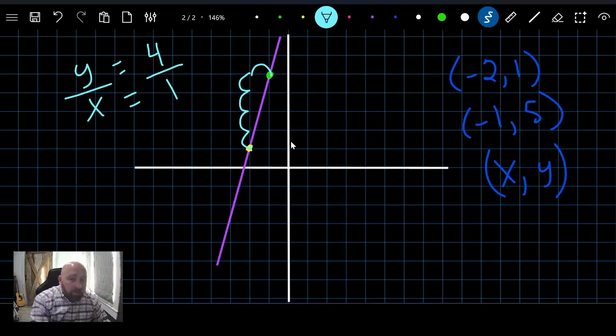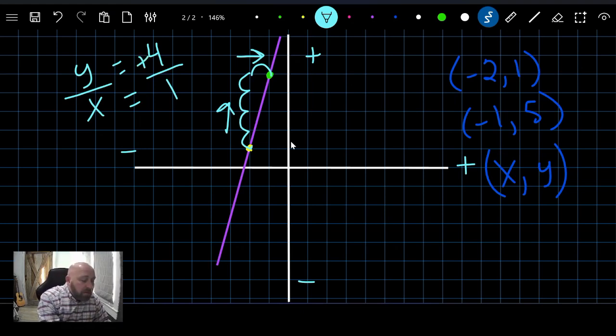Now, notice that we went up and right. Up is positive, and right is positive. Negative is down, and negative is left. So we went up positive and right positive.